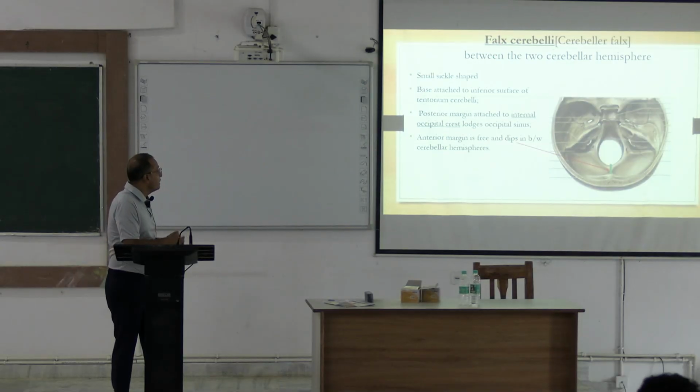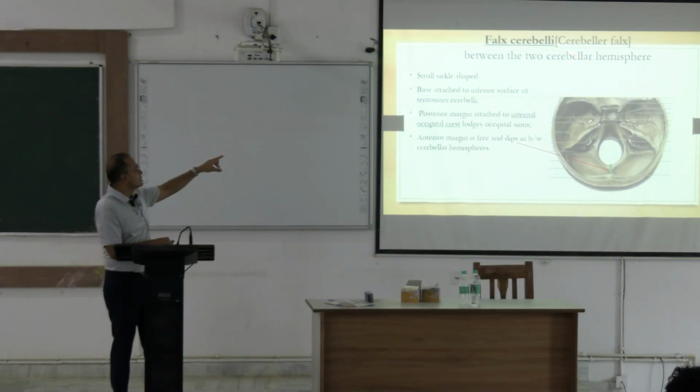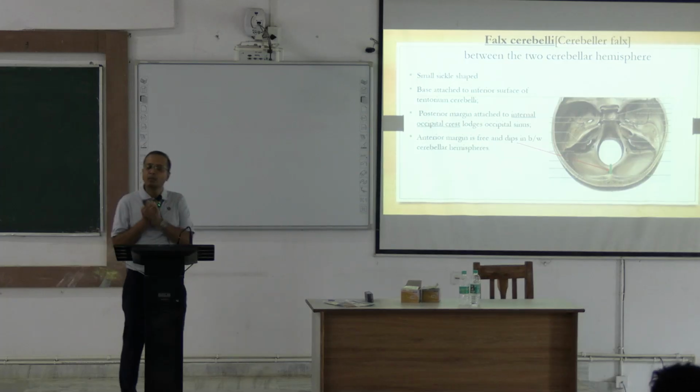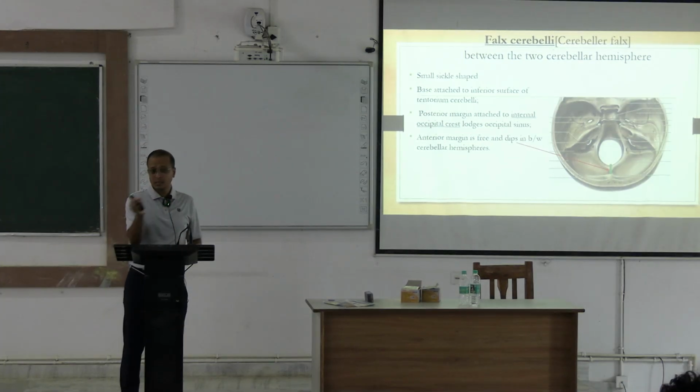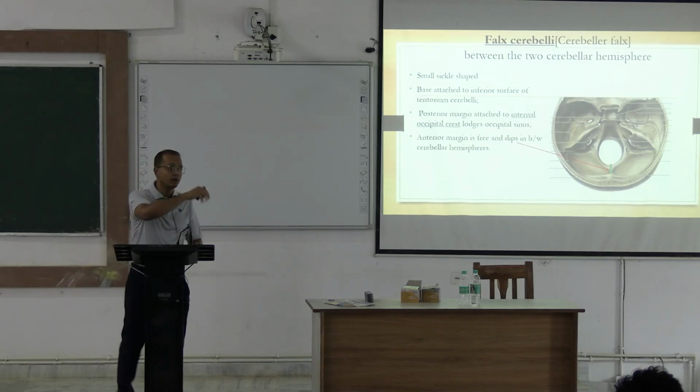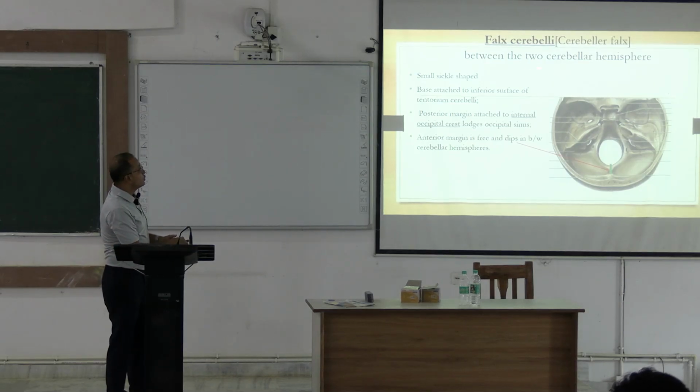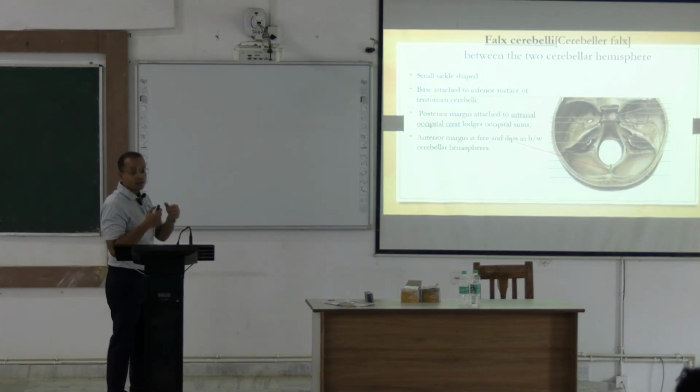This fold of meninges is lying between the two cerebellar lobes. That means the cerebellum has two lobes, right cerebellar lobe, left cerebellar lobe, just like the right half and left half of the upper brain. Between these two cerebellar hemispheres, we have a meningeal modification or fold. We call it the Falx cerebelli.